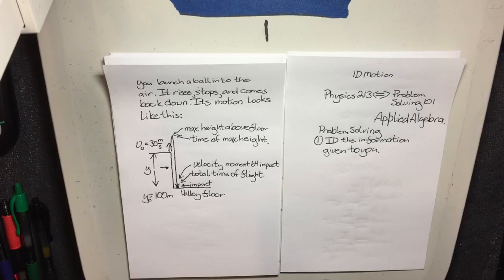If it's a one-dimensional motion problem, it's a lot like when you're going to hang a picture on the wall. I'm going to need a nail and a hammer, so I go to the toolbox and grab the nail and the hammer. In a one-dimensional motion problem, the tools that you have are the basic equations for motion.